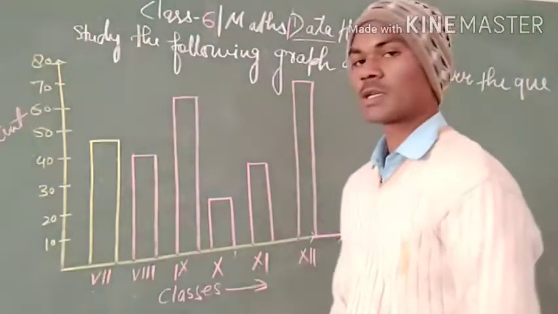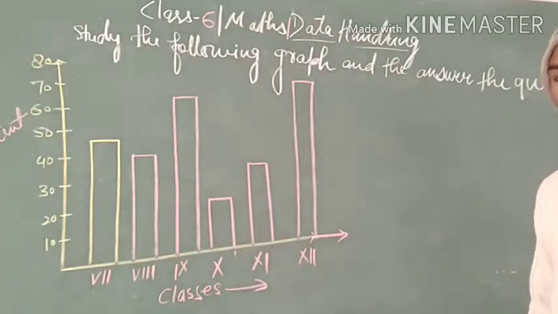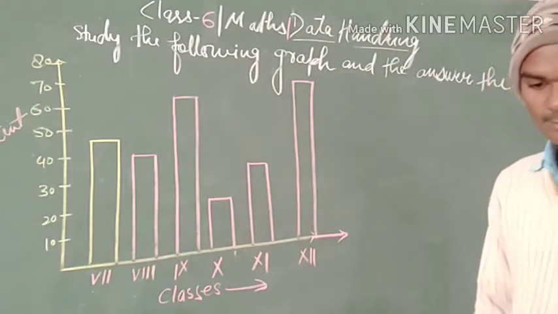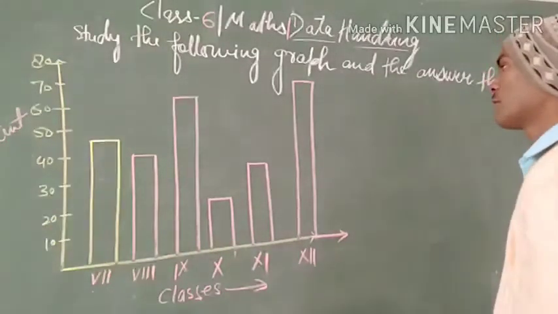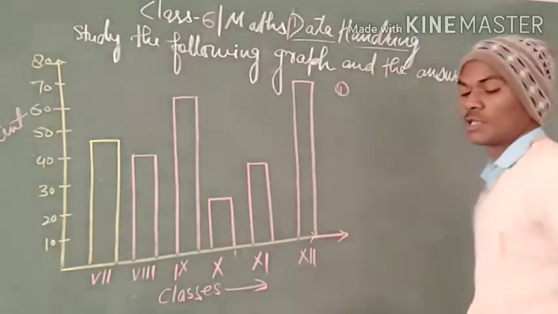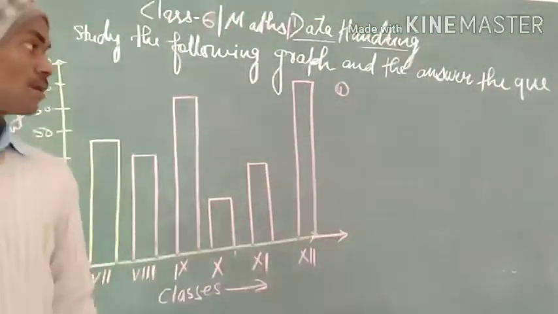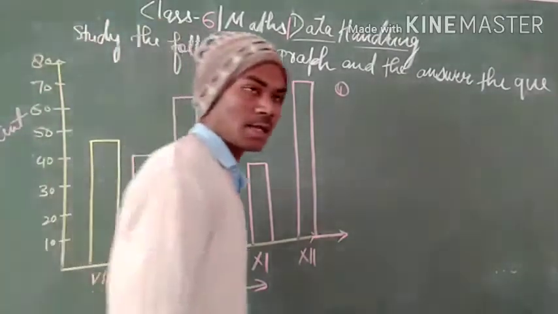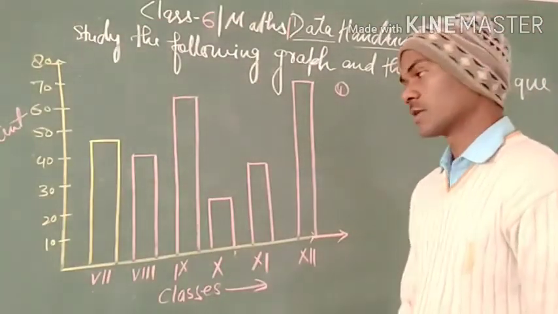So this is the given graph and we have to give the answer according to the figure. This graph gives the information about the strength of the class, that is, which class possesses how many students.